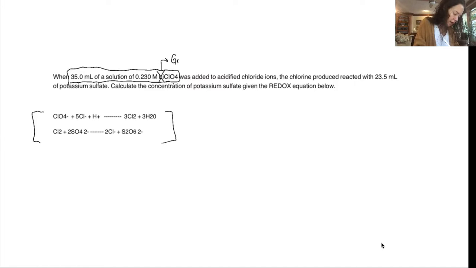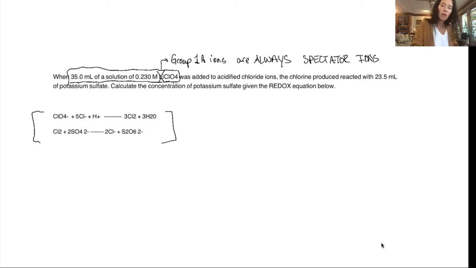Group 1A ions and all of those other ions that are always soluble are always spectator ions. Therefore, you're not going to see this in the equation provided, and that is likely to happen to you in your work on your AP exam, on your worksheets.